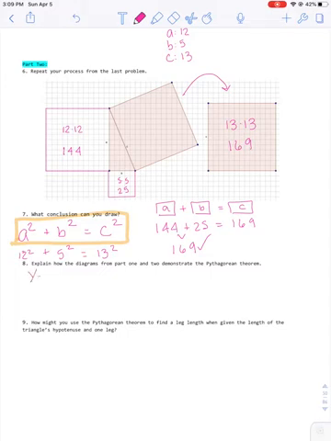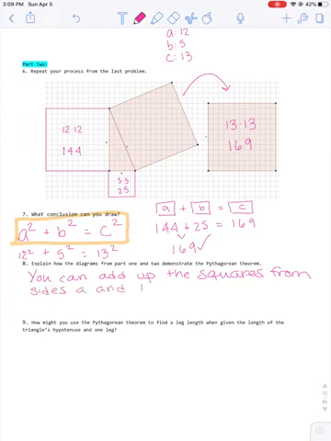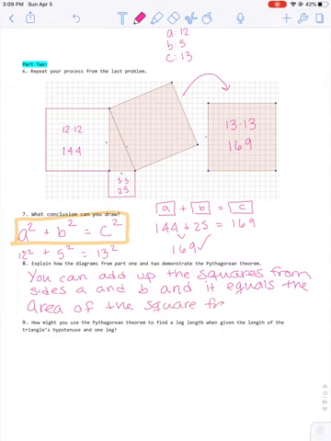So what it's saying here, and you could write this out in different words, is basically the idea that you can add up the squares from sides A and B, and it equals the area, the space of the square from side C.